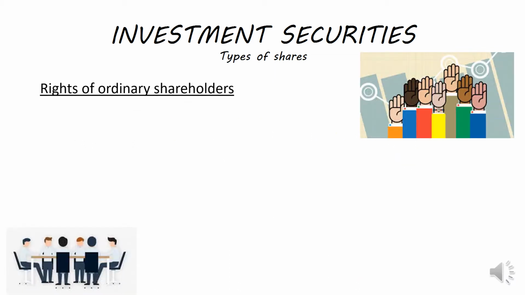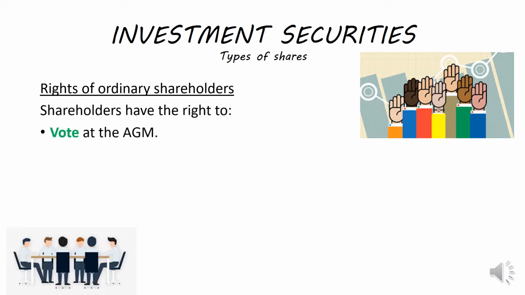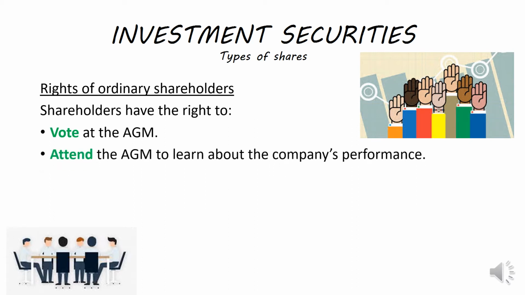So what are the rights of our ordinary shareholders? Your ordinary shareholders have the right, as I said, to vote at the AGM. Automatically, if you're an ordinary shareholder, one share, one vote. They have the right to attend the AGM to learn about the company's performance. At this AGM, one of the things that are compulsory to discuss is the financial statements of this company.